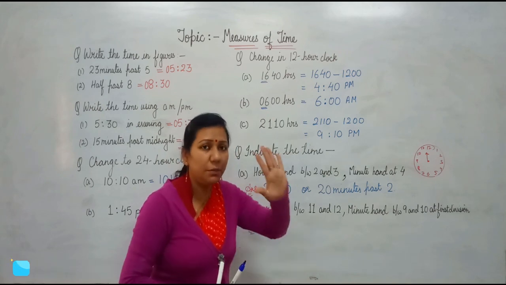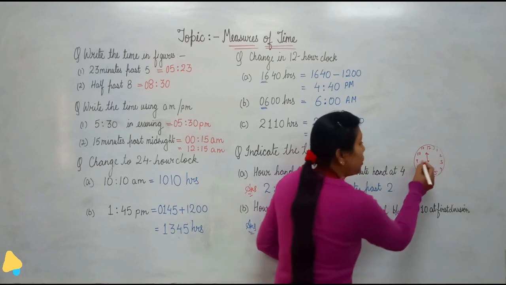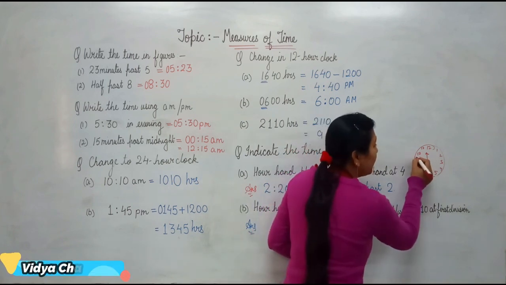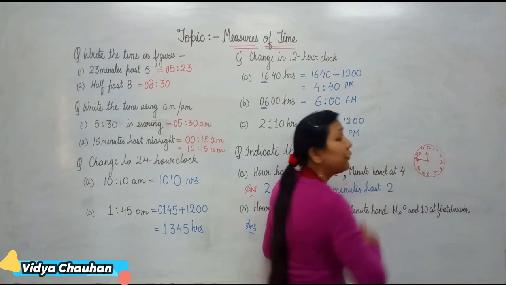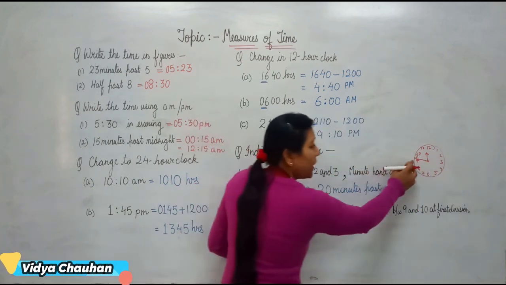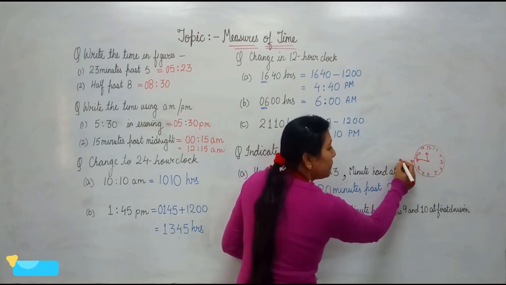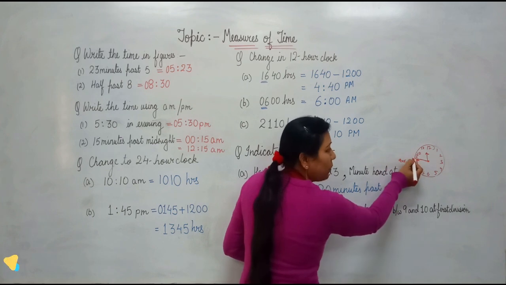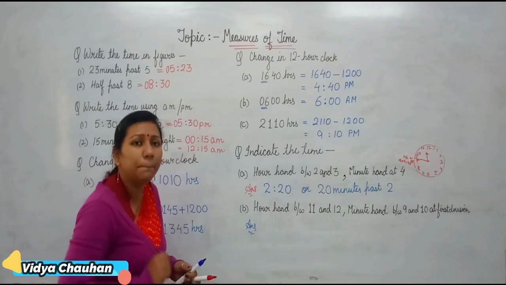Because 9 and 10 is subdivided into 5 divisions, it is said that it is at the first division. So what is the value of the minute hand when the needle is at 9? 9 into 5, which is 45. Now if I talk about the next subdivision, it will become 46, because one division means 1 minute extra.